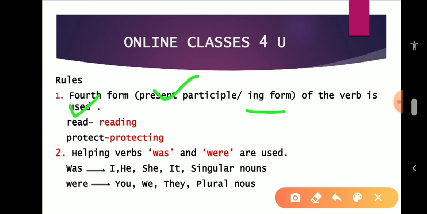Like there is a verb read and the ing form is reading. Protect is the first form and the fourth form or ing form is protecting. So we always use the ing form in past progressive tense.